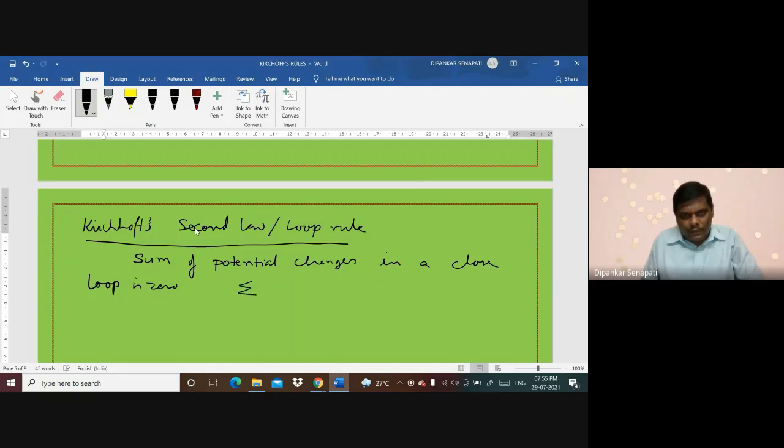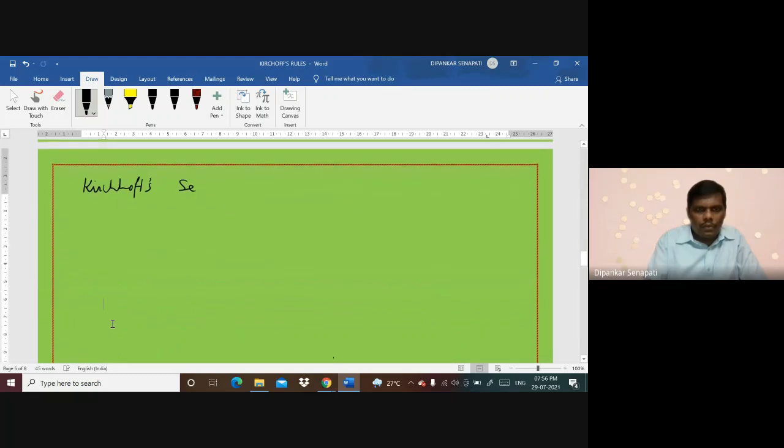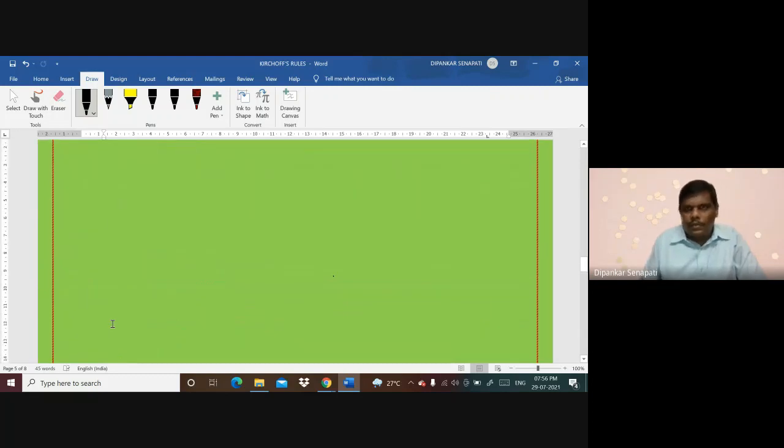Then summation of V is equal to 0. Let me consider a loop in this.